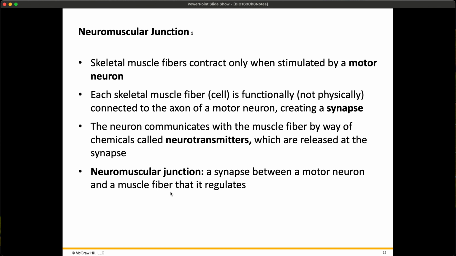Instead of being an electrical signal, it stimulates the release of, we'll see, a neurotransmitter called acetylcholine. That neurotransmitter then binds to the muscle fiber and is turned back into an electrical signal. So it's electrical, chemical, electrical. And you need that chemical mediator for the signal from the motor neuron to talk to the muscle fiber.